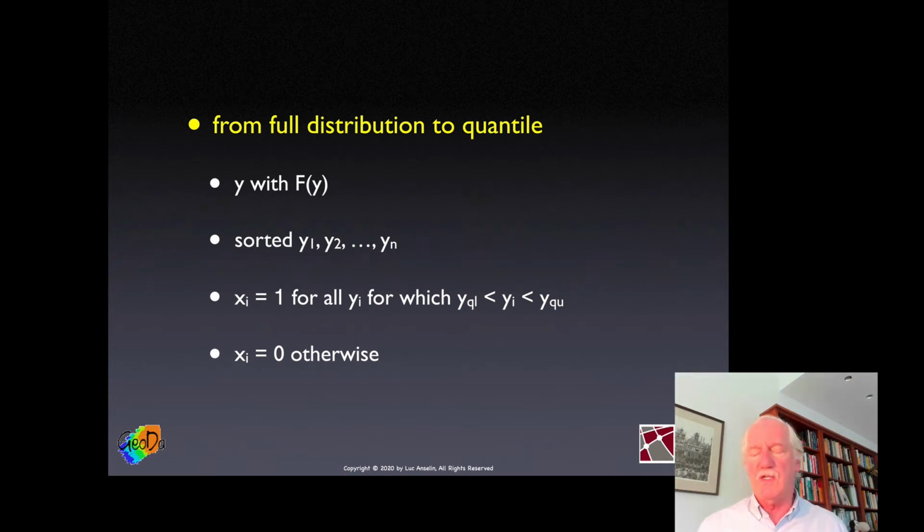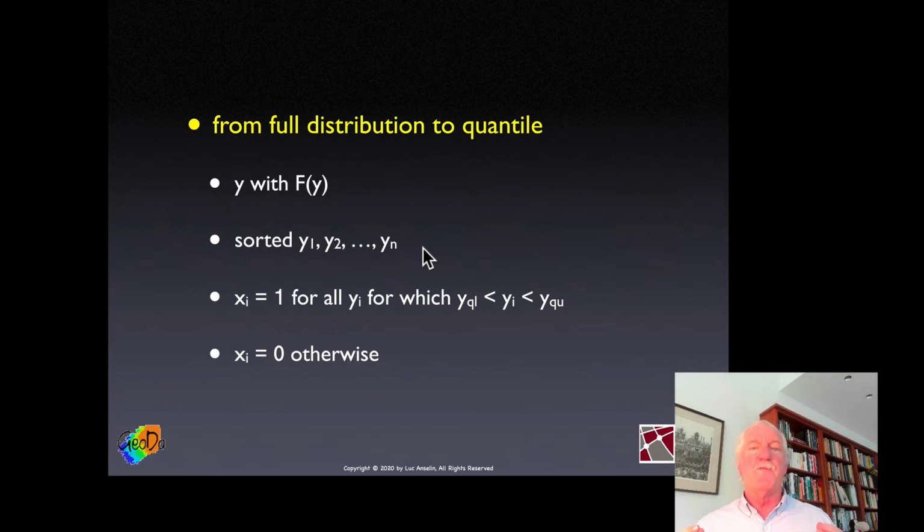So how does this work? In my approach, it's actually much simpler than in the regression approach. Think of a variable with a continuous distribution, f of I, and we're going to sort the observations from small to large, and then pick a particular quantile. I just call it Quantile LISA because that sounds good, and that's also the main application, but it doesn't have to be a quantile. It could be any interval that is of particular interest.